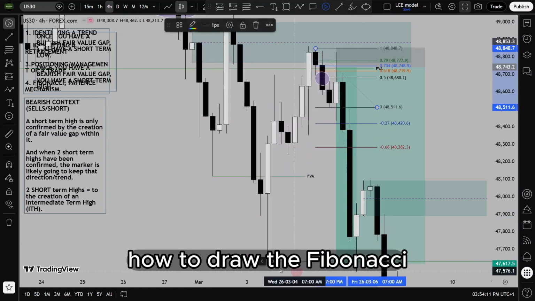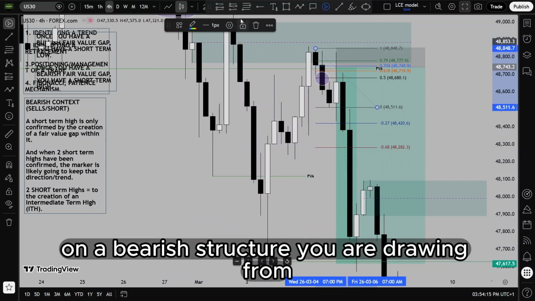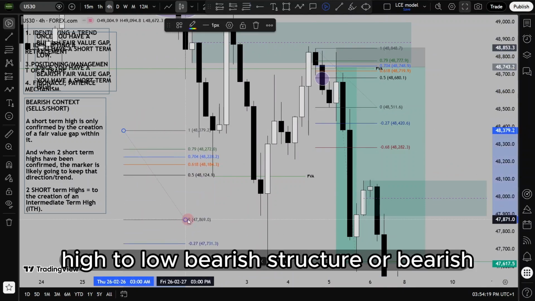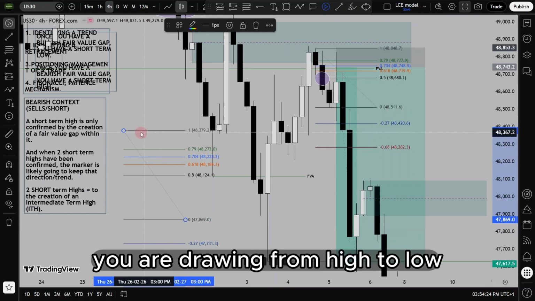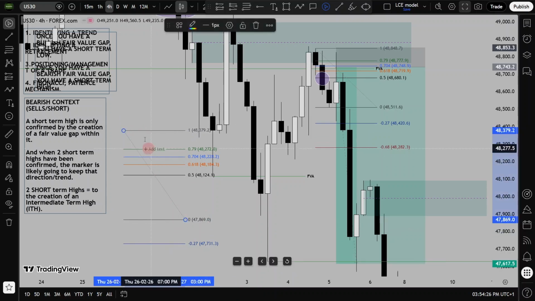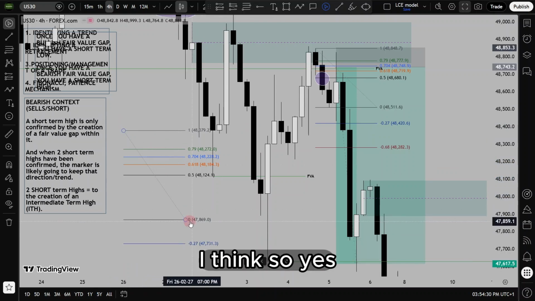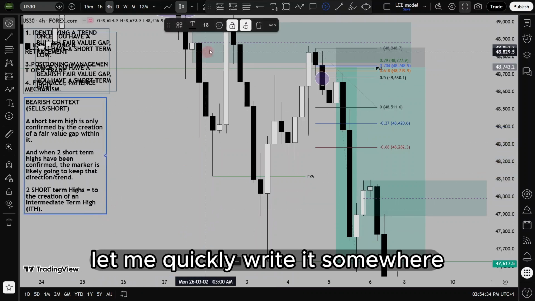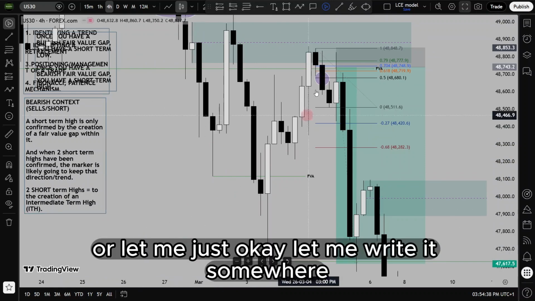How to draw the Fibonacci is, when you are drawing the Fibonacci on a bearish structure, or a bearish fair value gap or anything bearish, you are drawing from high to low. Let me quickly write it somewhere.